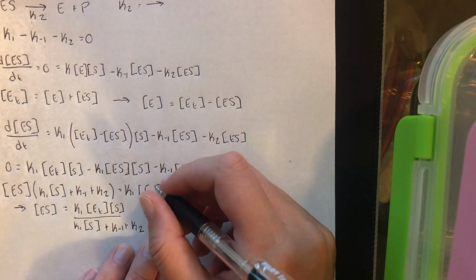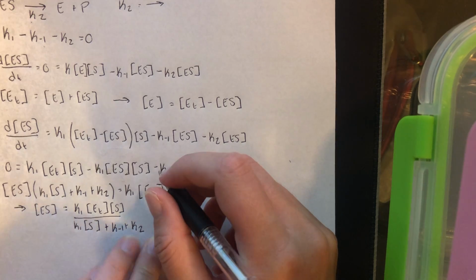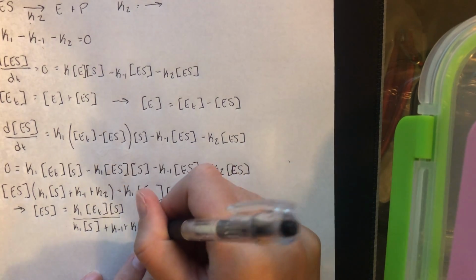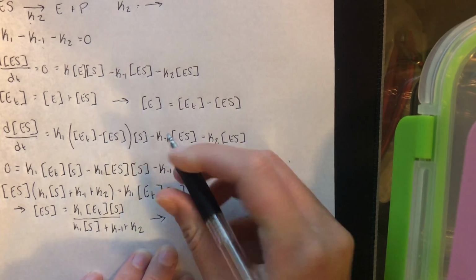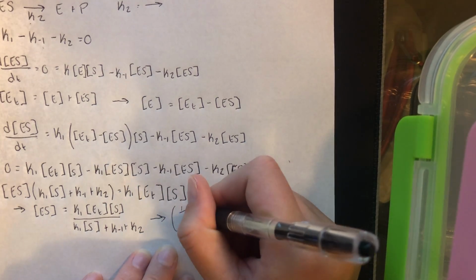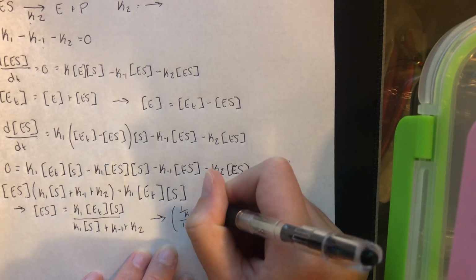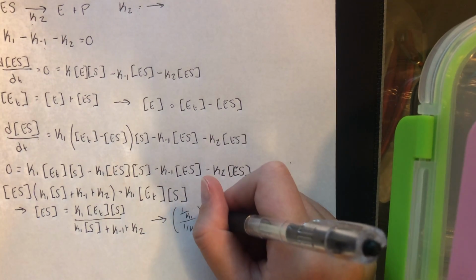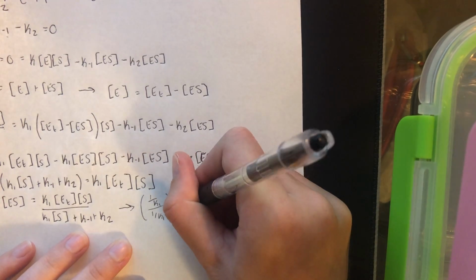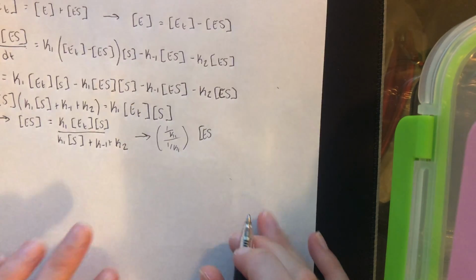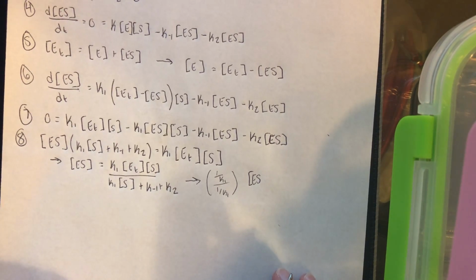we can multiply the numerator and the denominator by 1 over K1. Can you guys see this okay? I hope so.